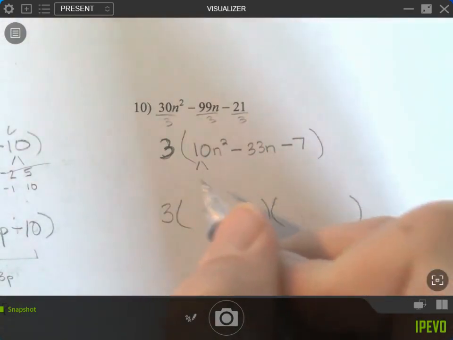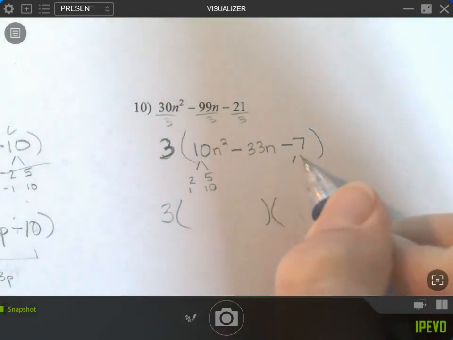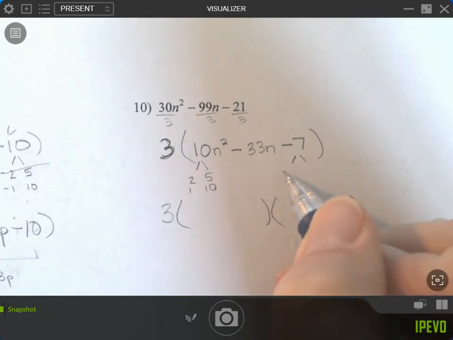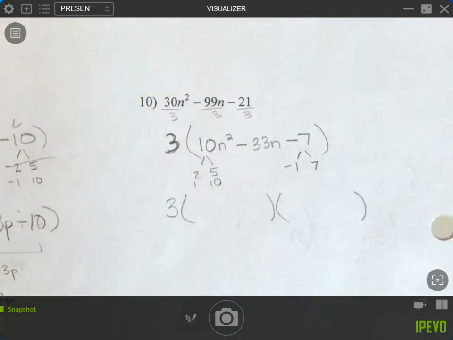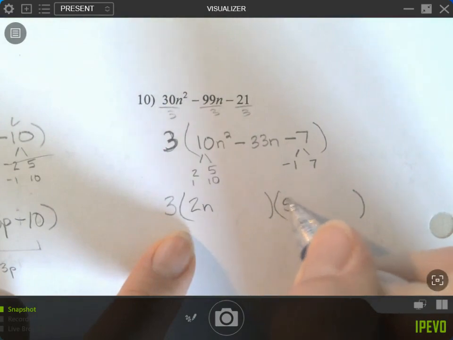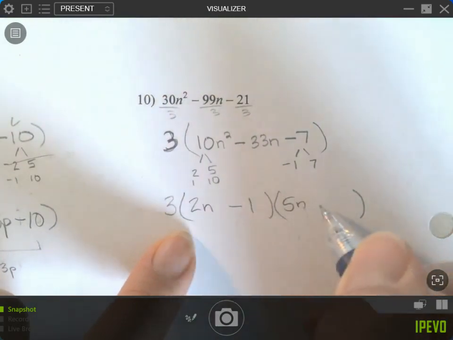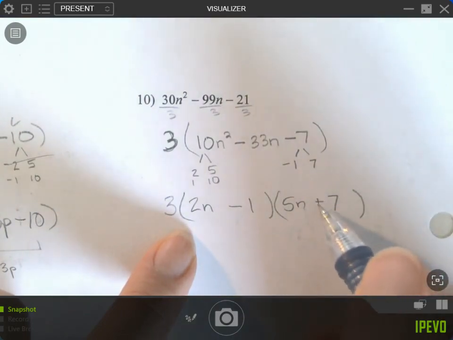What are my options for 10? Okay, what are my options for negative 7? Okay, so I'm not worried about the sign. We see how easy that is to fix. It's the numbers. So you're going to try the 2n first and the 5n? No. And I'll just put it in the order you gave me for no rhyme or reason. I don't think it's going to work. Oh, I need one positive, right?